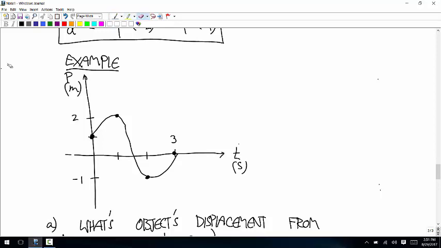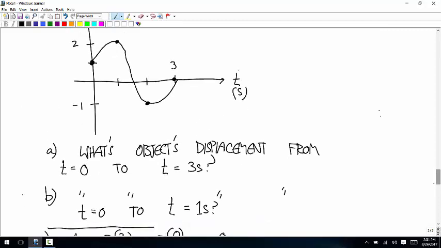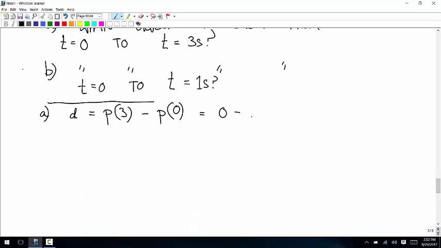Yep. So 0, and then minus, what's the position at 0 seconds? 1. So we get -1 meter.